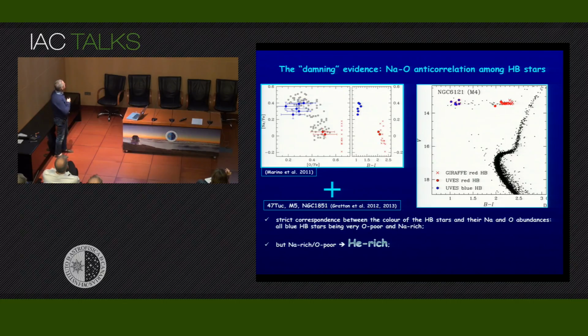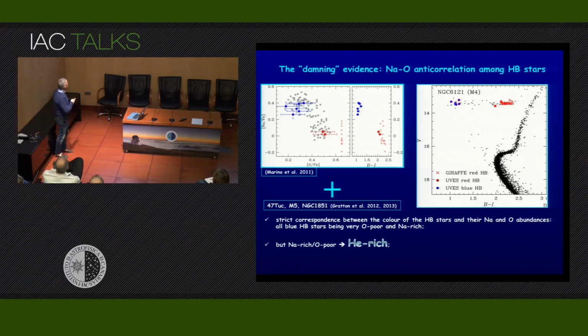You can see that the red points corresponding to red horizontal branch stars are oxygen rich, sodium poor, and the blue horizontal branch stars are sodium rich and oxygen poor. And they follow very well the oxygen-sodium anticorrelation pattern observed in giants in this cluster.